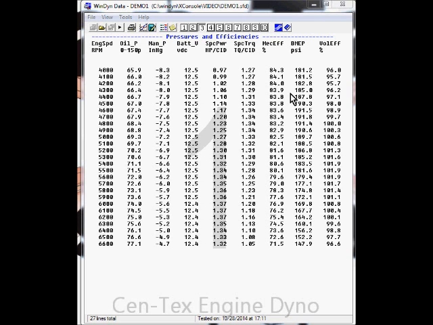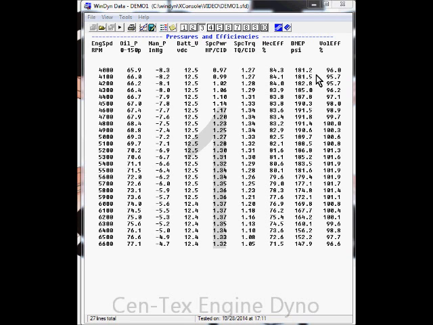Not too much. We don't pay much attention to this column for performance-oriented engines. But if we were doing fuel consumption type development, this is where we pay attention to the mechanical efficiency column.